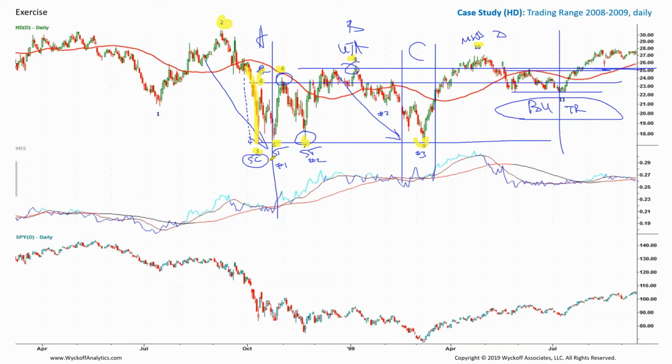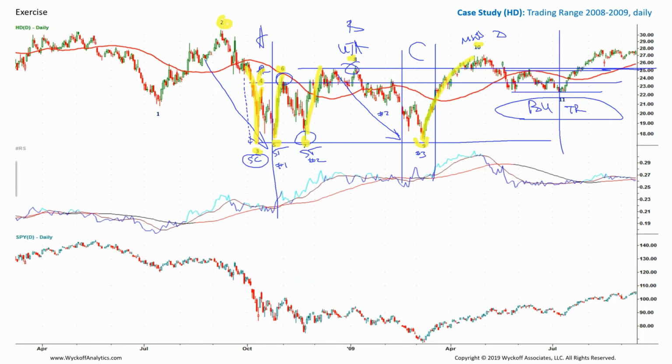At some point, the sellers are just gone and exhausted and they stop selling. And that's what gives the price initial push into the automatic rally. And then push again off the secondary test, push again off the phase C low.